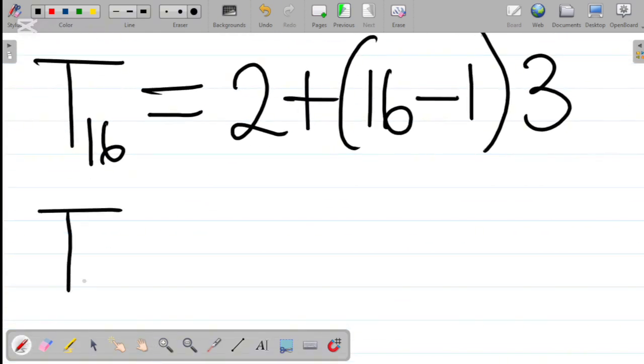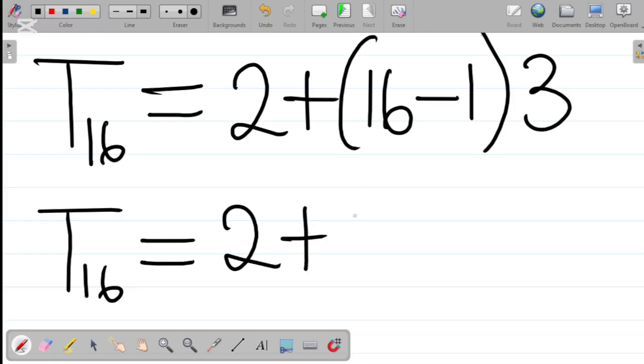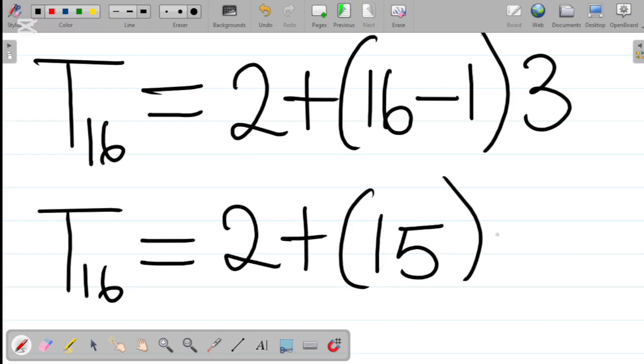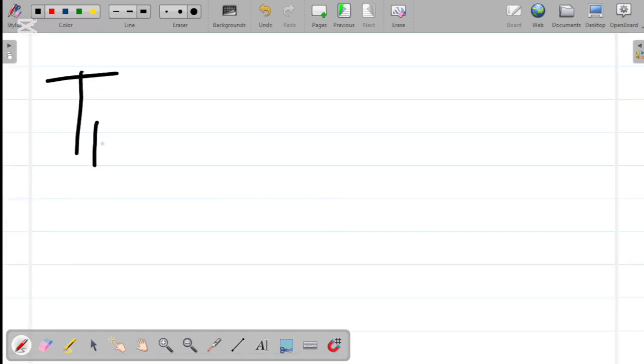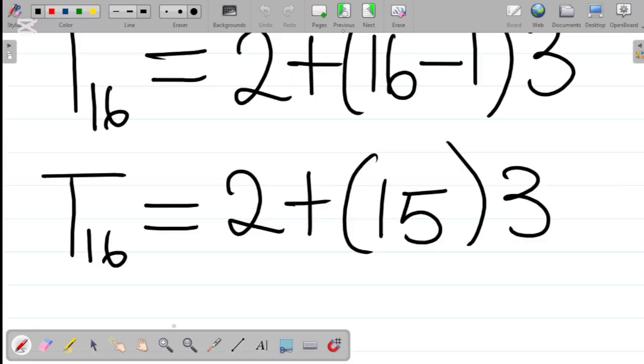So T subscript 16 is equal to 2 plus 16 minus 1, which is 15, and then multiply by 3. So T subscript 16 is equal to 2 plus what? 15 multiplied by 3 is equal to what?